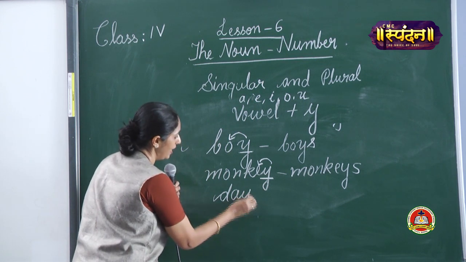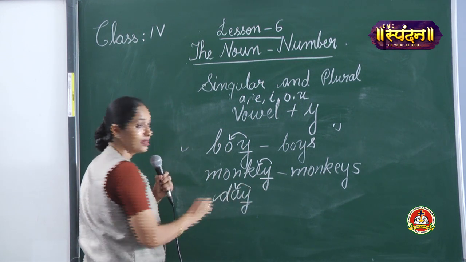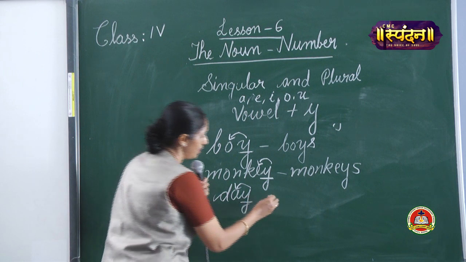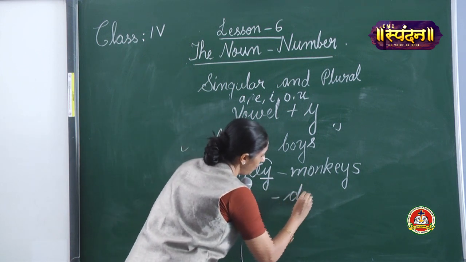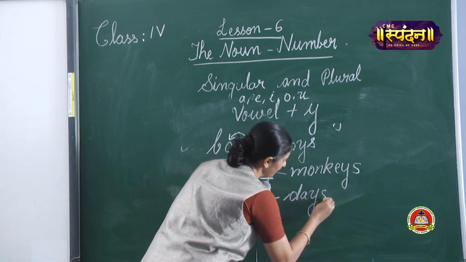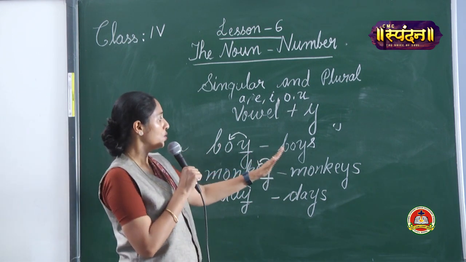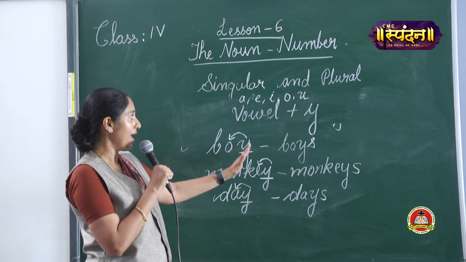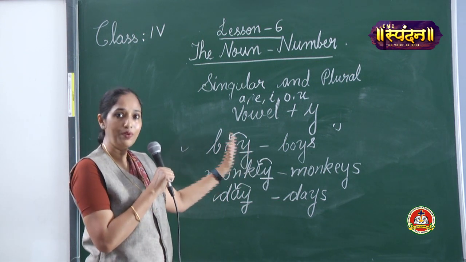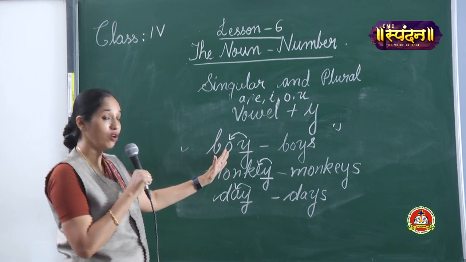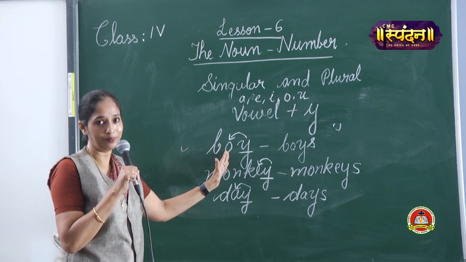Day. Y, before y, vowel, letter a is there. Vowel sound is there, so days. This is how you are supposed to form the plural when a noun ends in y and before y you come across a vowel.